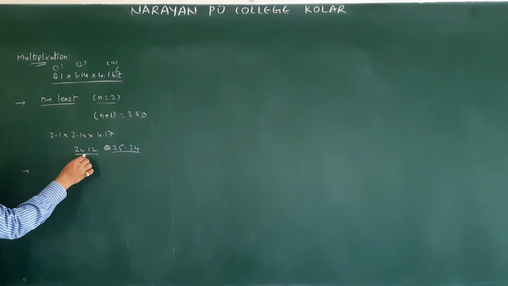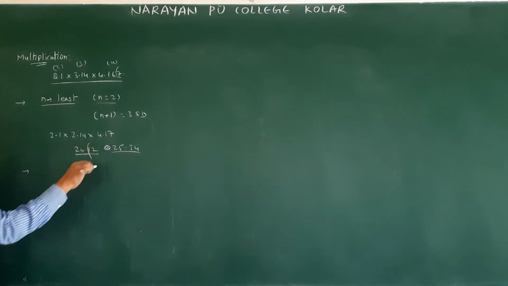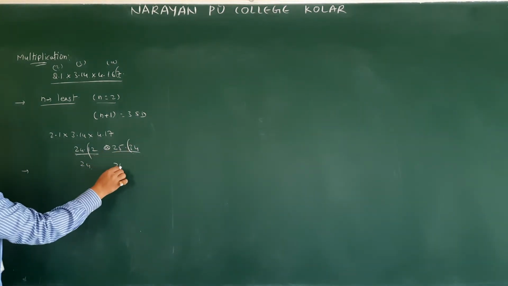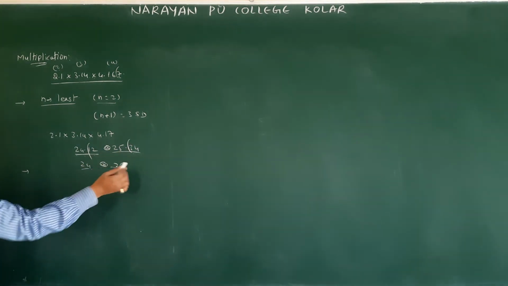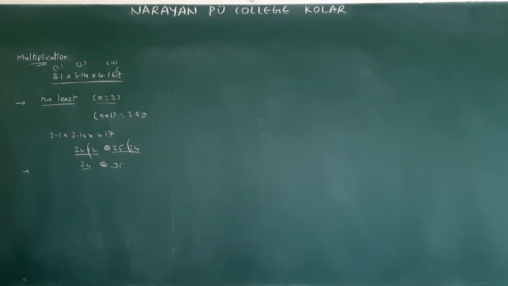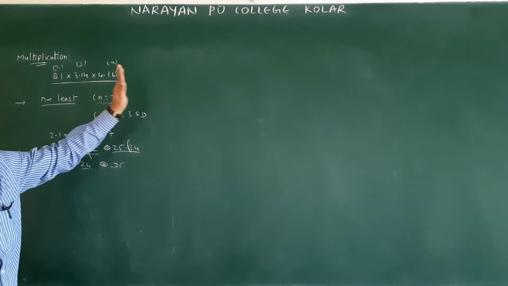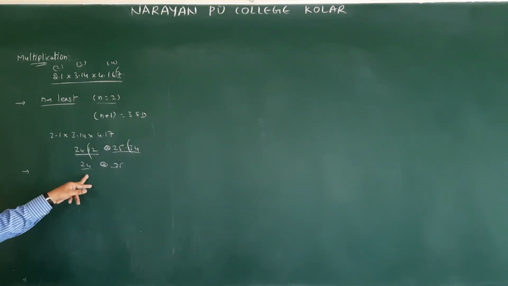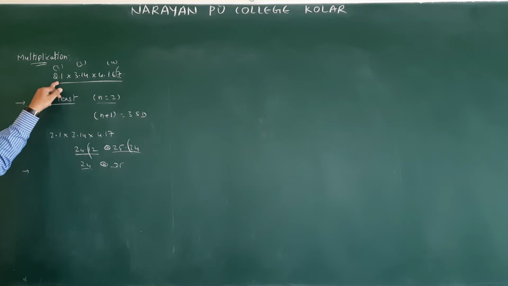In this value, how many significant digits are there? 4. Therefore, we should remove some digits, giving either 24 or 25, which has 2 significant digits. This is one method for multiplication and division. First, find which has the least number. Next, the remaining numbers should have n plus 1 significant digits, and the answer should have the least number, that is 2 significant digits.